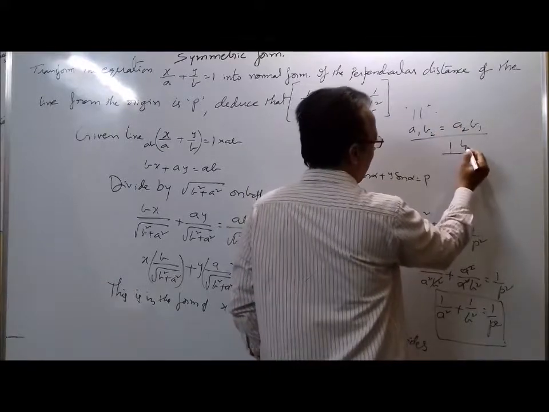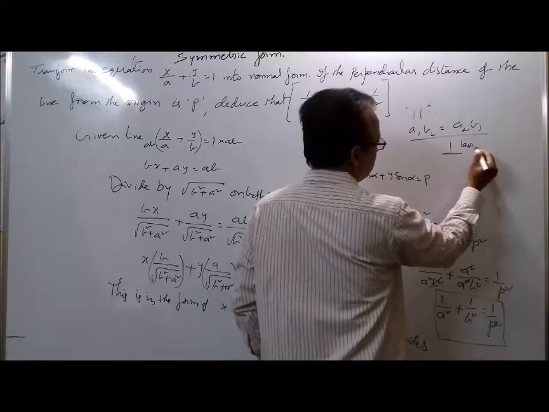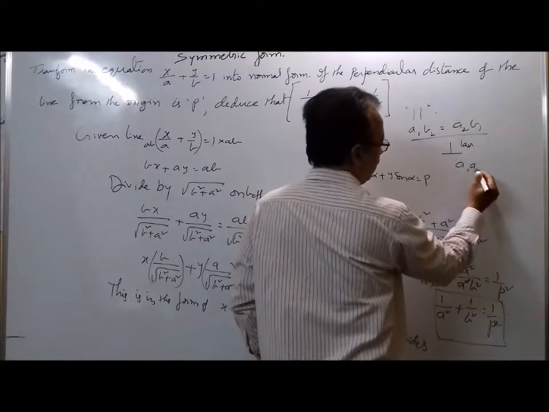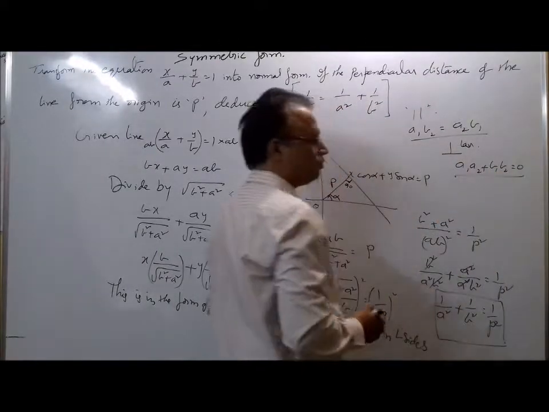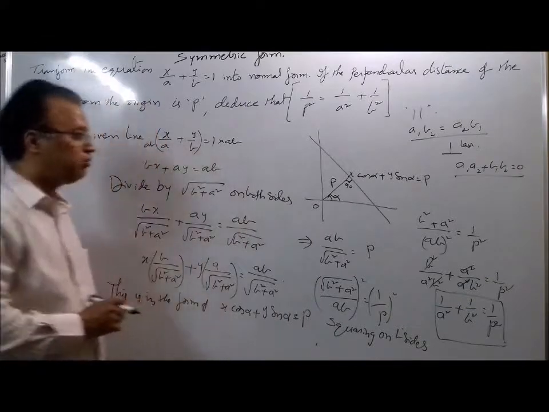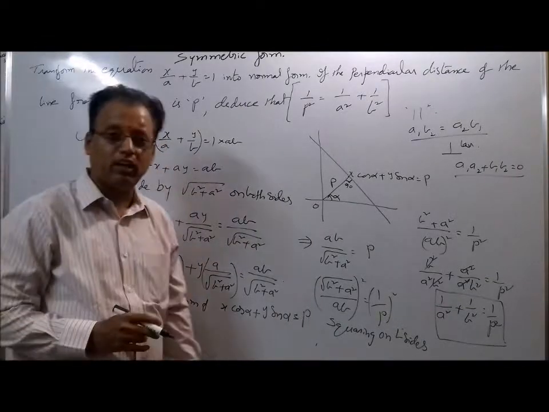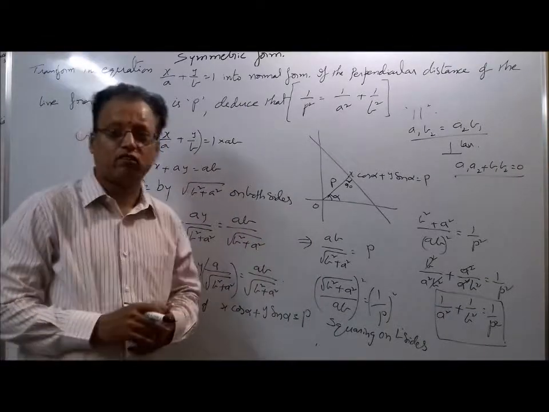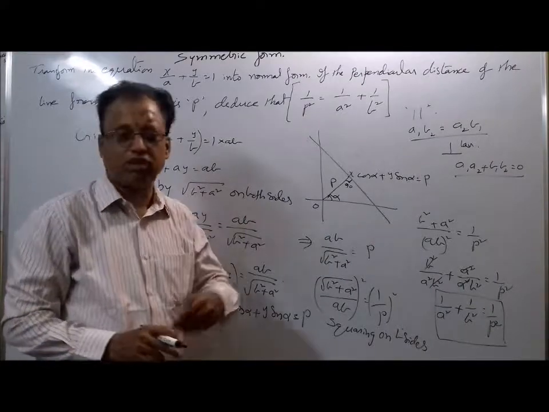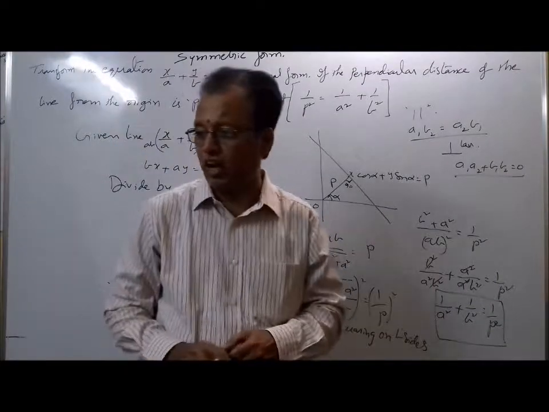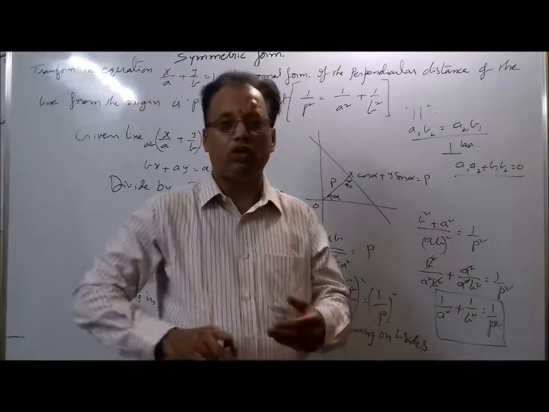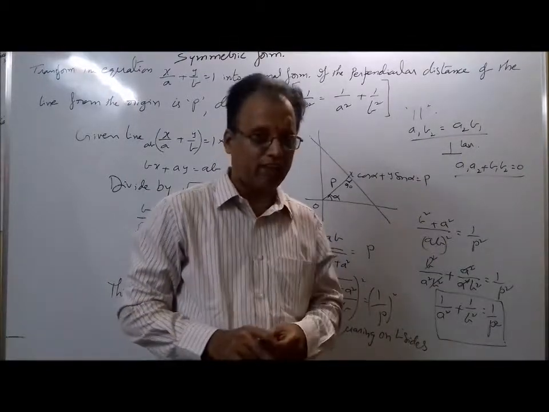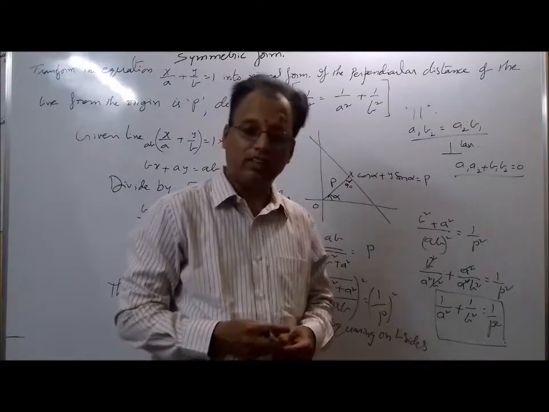Then perpendicular lines means a1 a2 plus b1 b2 equal to 0. So these are the important points we considered in today's class. Okay, we will discuss further models regarding the application of the different formulae, and the family of lines also we will discuss in the next class.